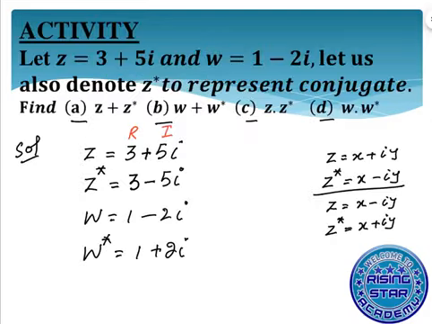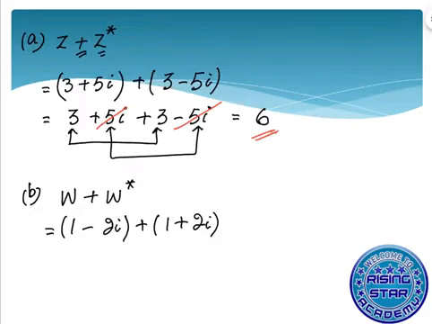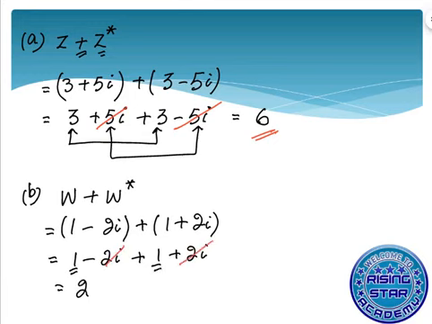Here it is. So now we will add the real parts, but first of all I need to remove the brackets. So I will add the real parts. So 1 plus 1 will become 2, and plus 2i minus 2i is going to cancel out. So this is my answer.